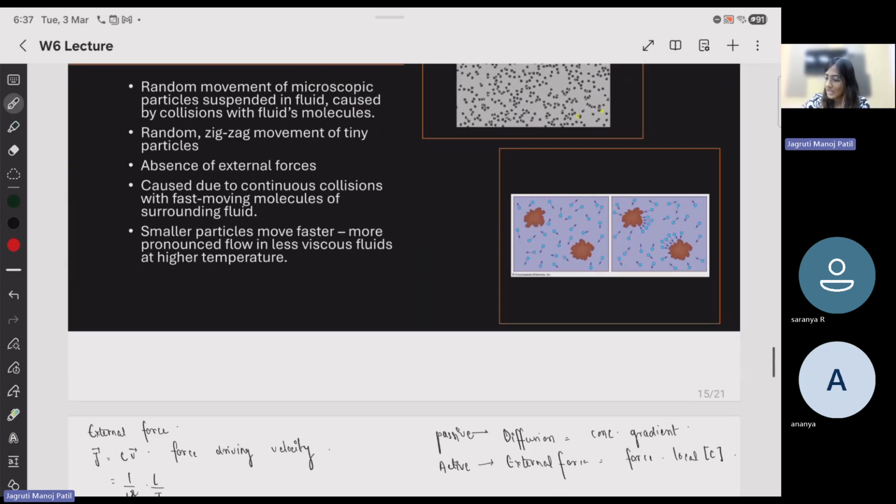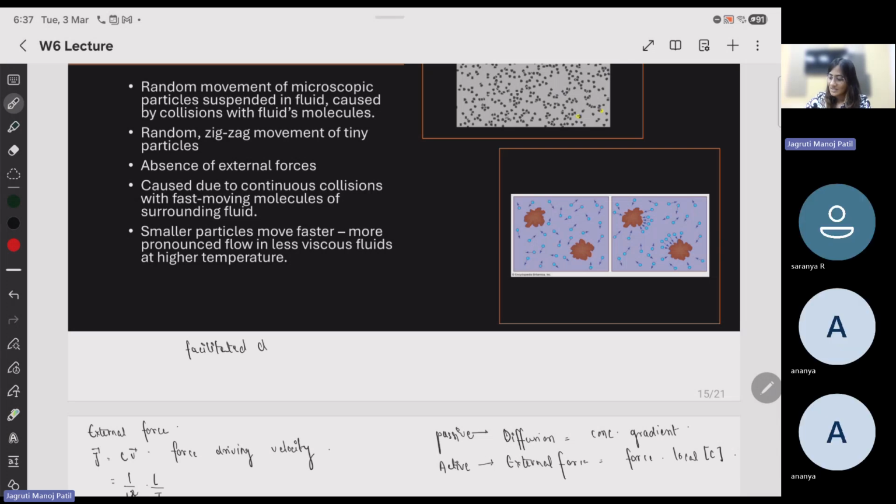It was more to tell you that in terms of diffusion, you have two processes. We are going into a little bit of biology, but you have facilitated diffusion, which is a passive process, and then you have active diffusion, which is happening because of the external forces that you're applying.